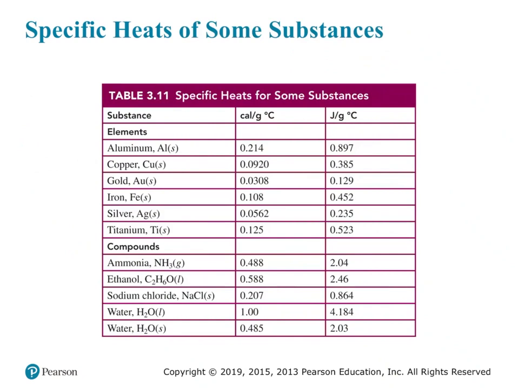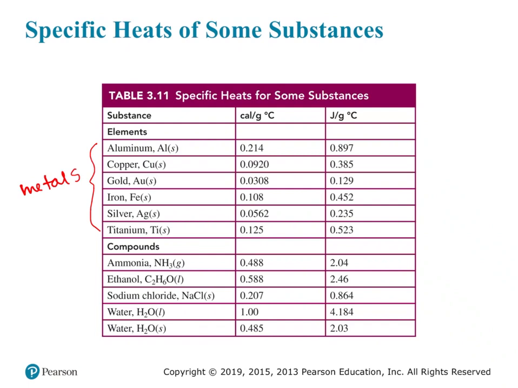All right. So I mentioned that different substances will have different specific heat values. So for instance, if we look at some elements, and I believe all of these are metals, their specific heats are pretty small.